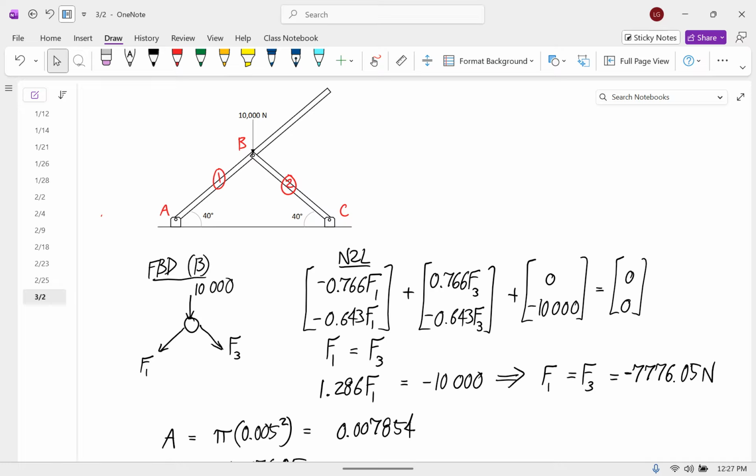I guess one way to think of it is, think of isolating the top half of that beam.